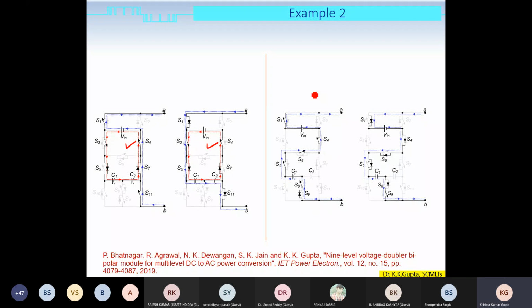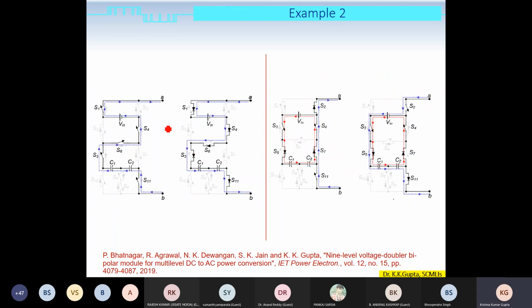So here V in is in series with C1, right? So the voltage of V in gets added to the voltage of C1, and that is equal to the output voltage. So this comes out to be equal to 1.5 times V in.